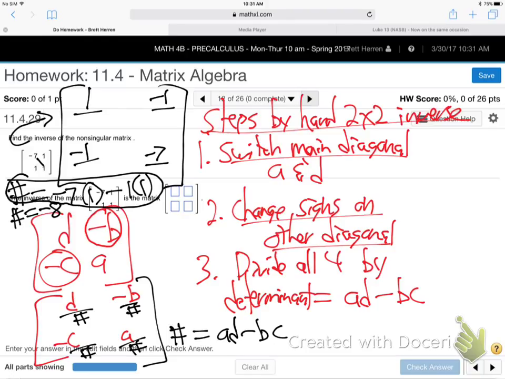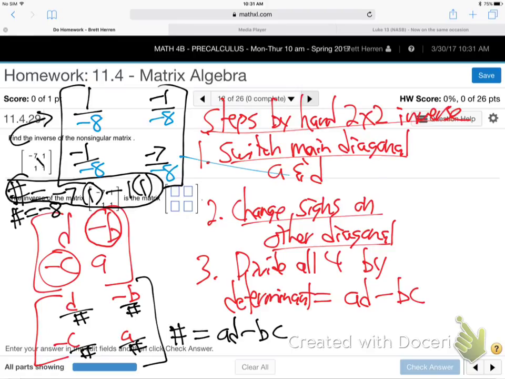That's the determinant. Main diagonal minus other. Negative 7 times 1 minus 1 times 1. Negative 8. So divide all 4 of them by negative 8. There it is. That's the inverse matrix. You could simplify wherever there's 2 minuses, make a plus, but that's it, basically.